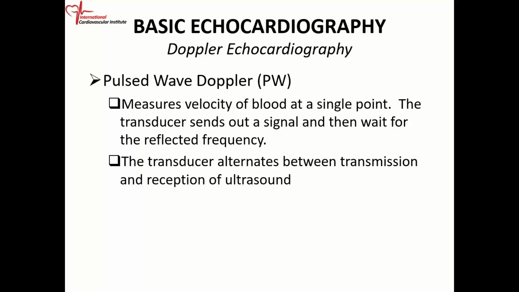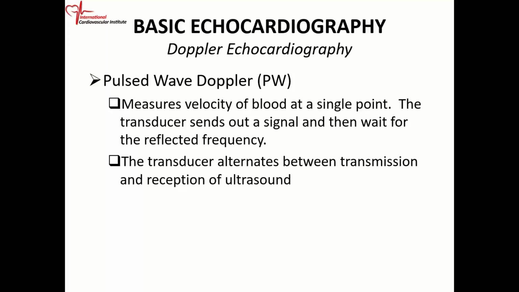The transducer sends out a signal and then waits for the reflected signal. Remember, the transducer produces the sound wave. The sound wave travels to the tissue, reflects off the tissue, and comes back, and you can observe the image.